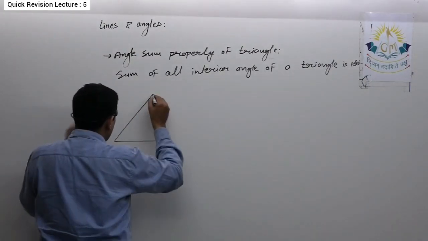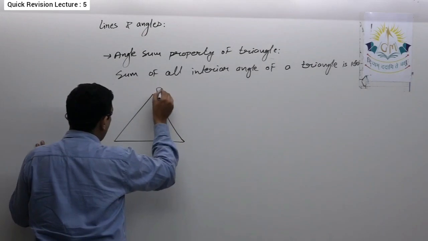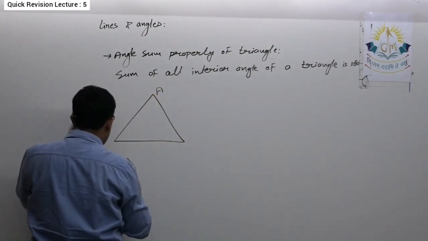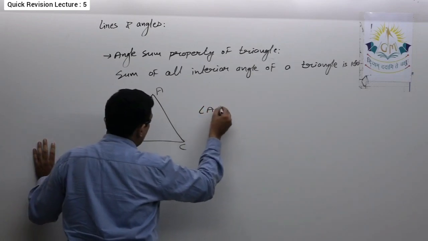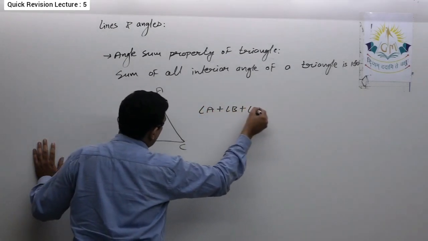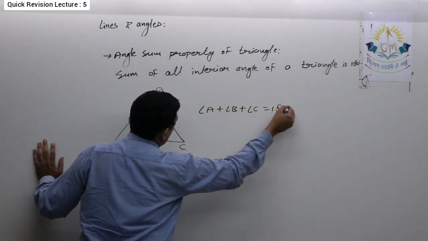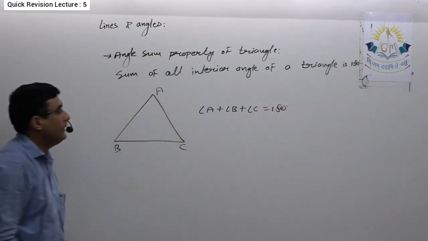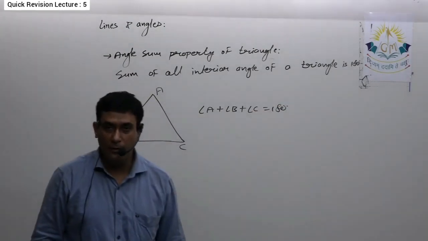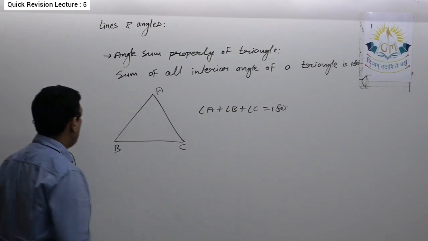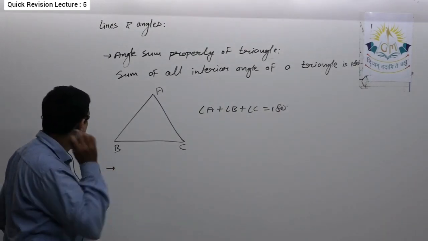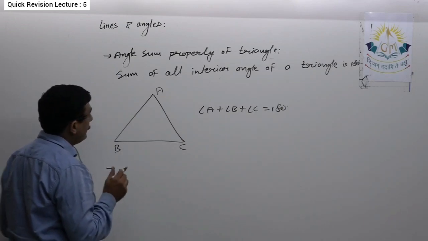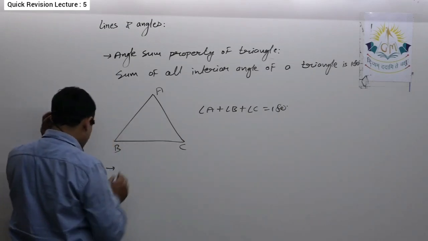That means if we have a triangle ABC, then angle A plus angle B plus angle C is equal to 180 degrees. That is the angle sum property of the triangle. Next we will see the exterior angle property of the triangle.